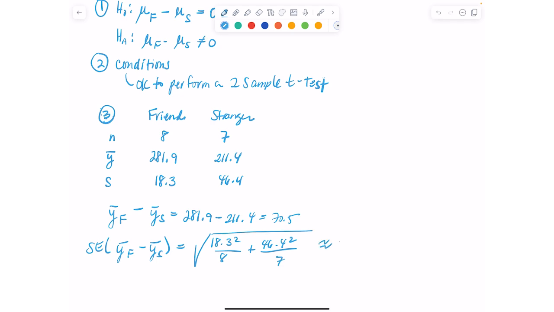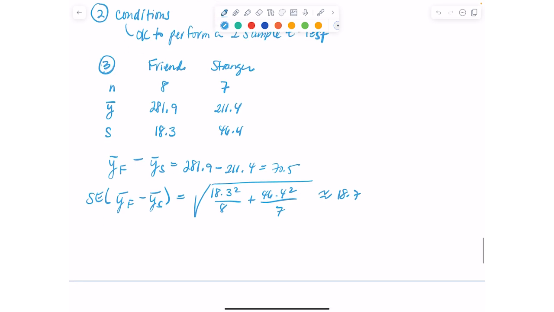And when you do that, you get 18.7 for your standard error. So your t-value is going to be your point estimate minus the mean divided by the standard error. And you should end up with 3.77.